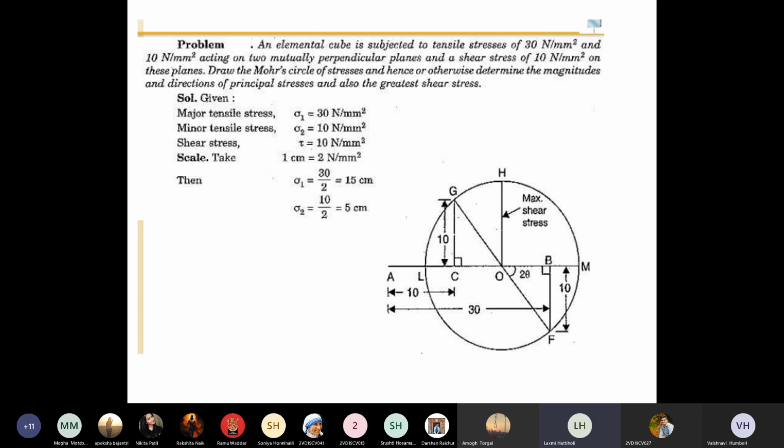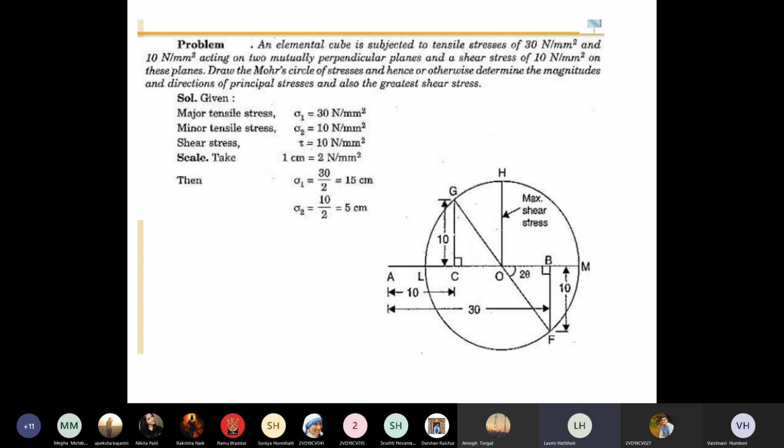Draw the Mohr circle and hence otherwise determine magnitude and direction of principal stresses and also the greatest shear stress. So another important point asked in this question is you should find out the magnitude of maximum shearing stress. That is, he is asking you to find the distance OS. So it's the same problem, only an extra maximum shearing stress has been asked.